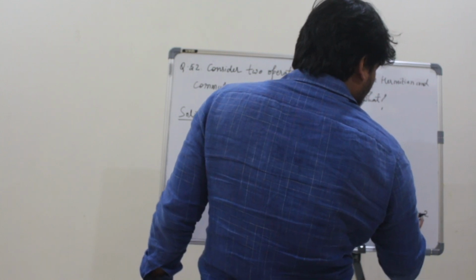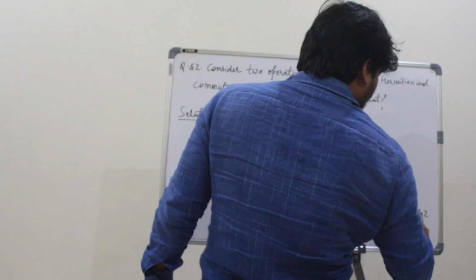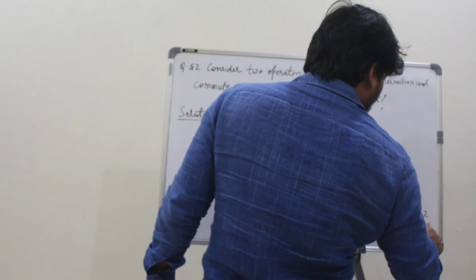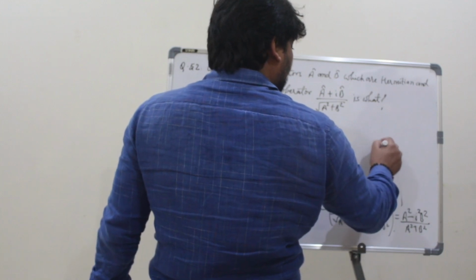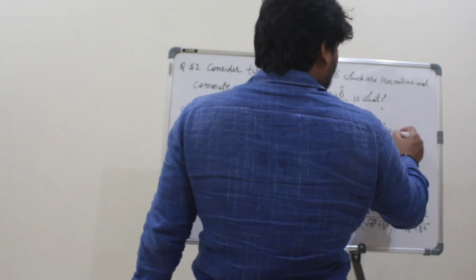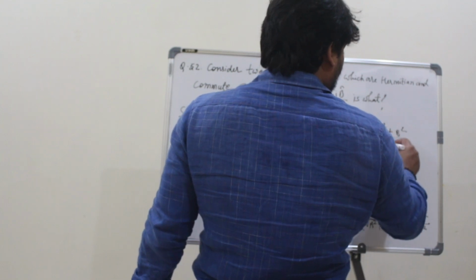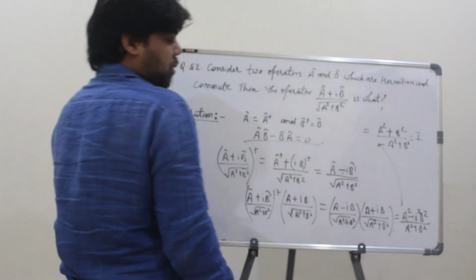You can write it like that to make it more clear, divided by a square plus b square. Now, i square is nothing but minus, so plus, giving you a square divided by a square, giving you I. Right?